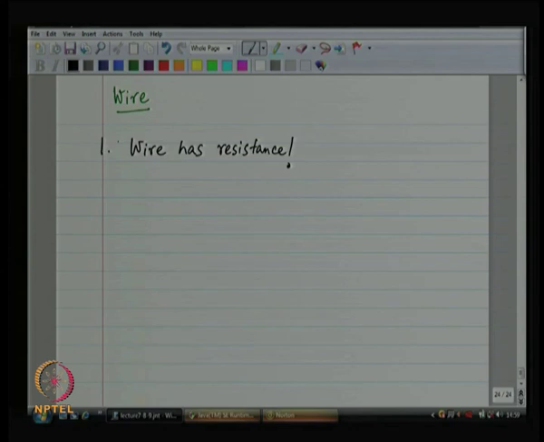Okay. So, let us think about a cable, a wire, solid piece of metal, not necessarily metal, any material, length L, radius R, and resistivity of rho.